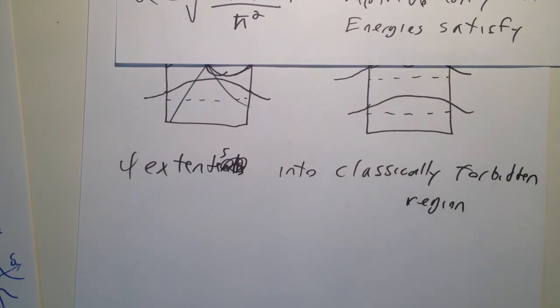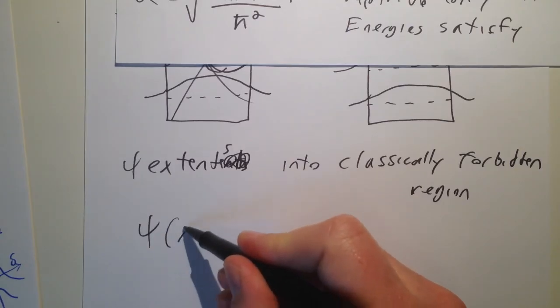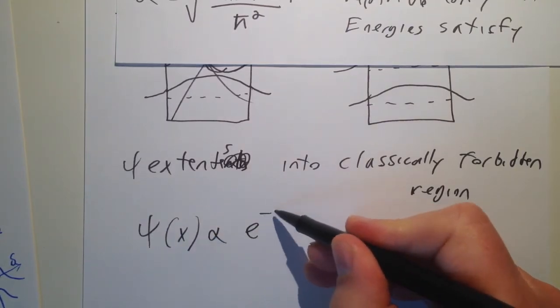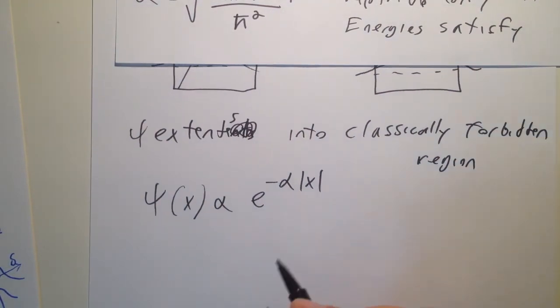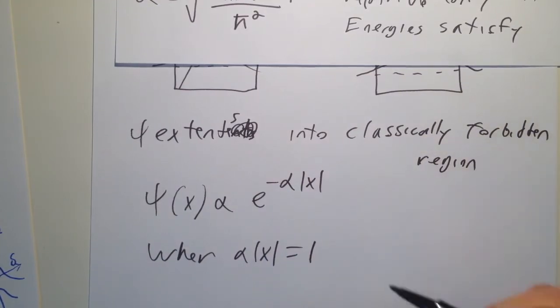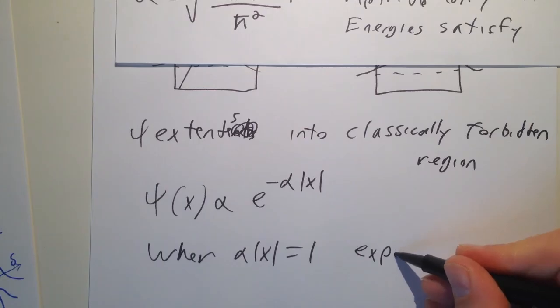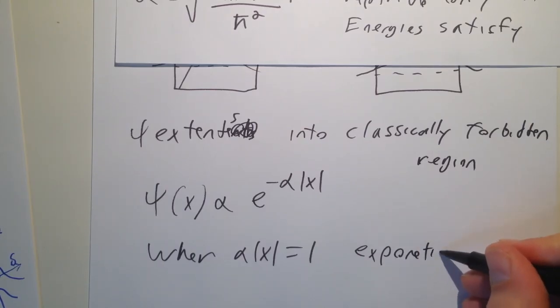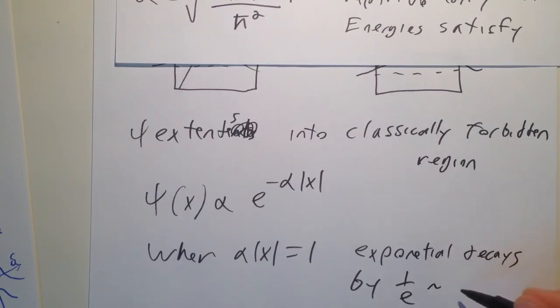Okay, and we can actually try to quantify that a little bit. We know that our wave function outside the well is proportional to e to the minus alpha x. We can note that when alpha x is equal to 1, the exponential decays by one over e, e to the minus 1, which is somewhere around a third, 0.367.